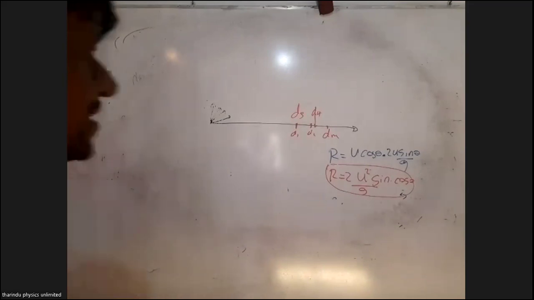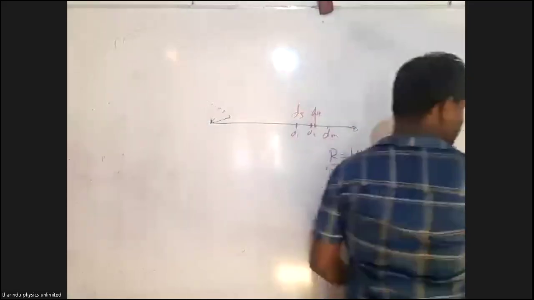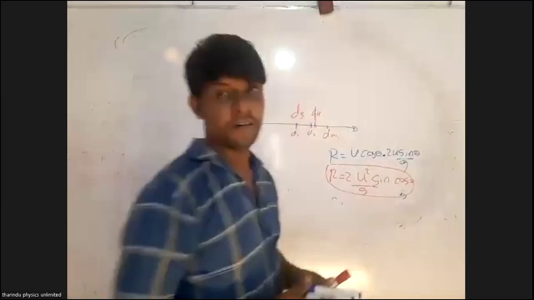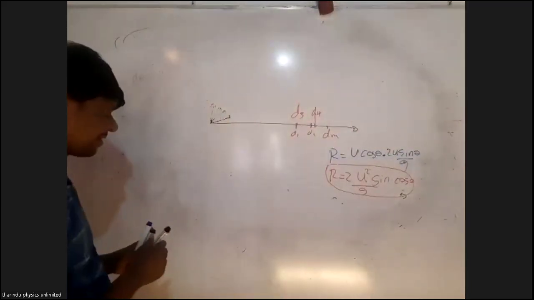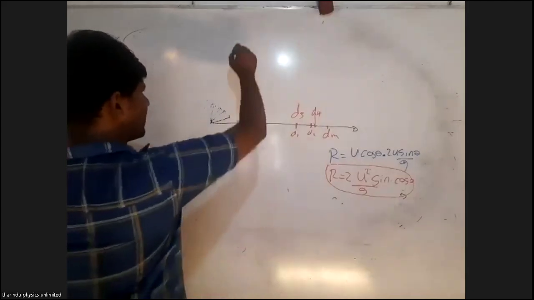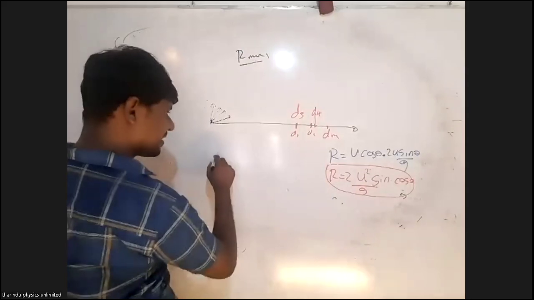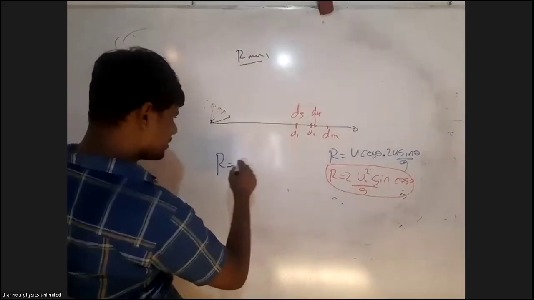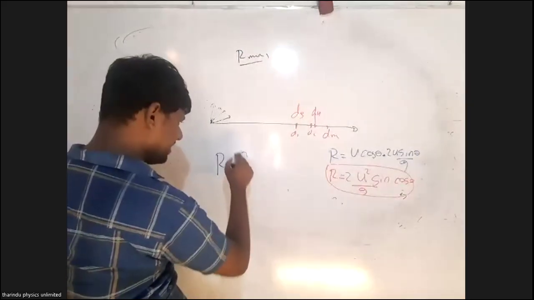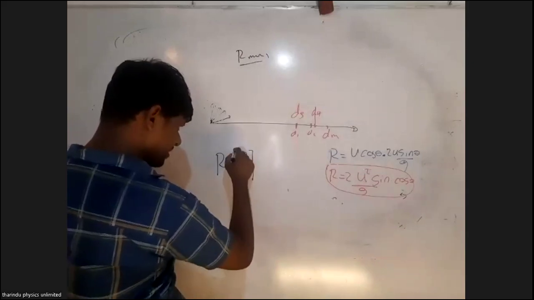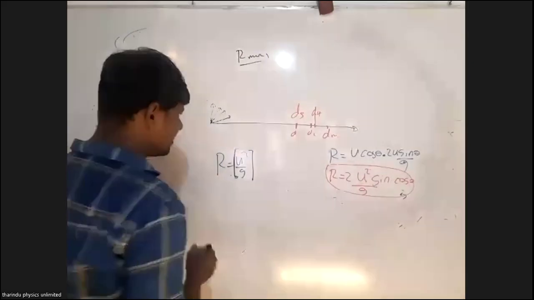Because we have to use this whole thing together to come up with a certain mathematical approach, finding the R maximum displacement. To find that, I am going to rearrange this equation: U square over G. That's a common thing, constant for a certain motion.